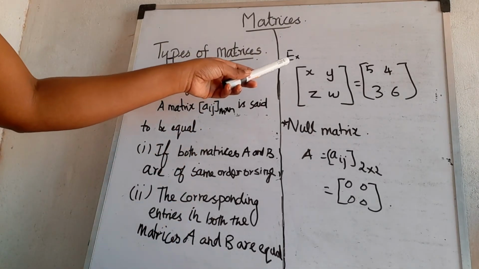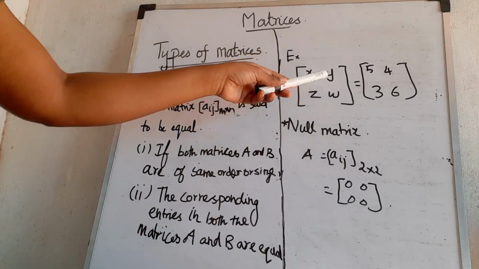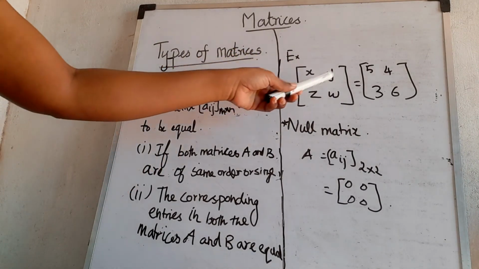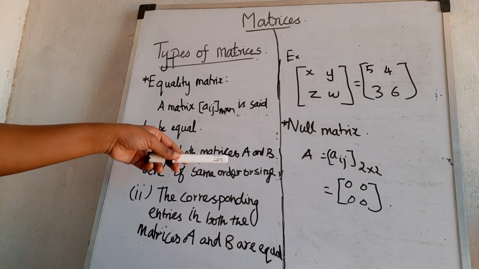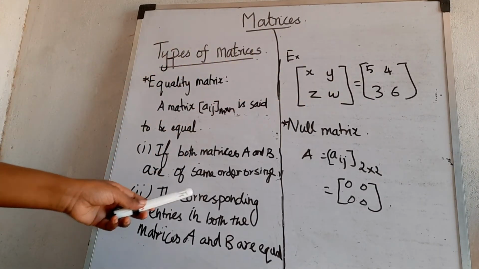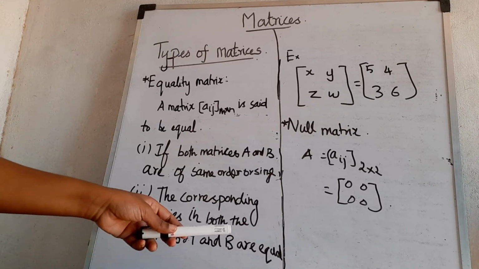So here, in the example, when we take x, y, z, w, the first condition is fulfilled because A and B are both the same order and size. The order is 2 cross 2 here, and 2 cross 2 here also. The corresponding entries in both the matrices A and B are equal.